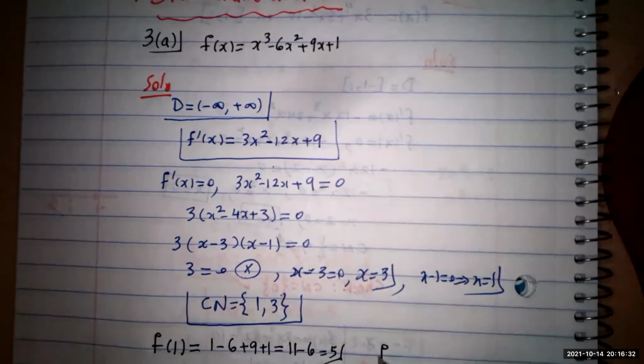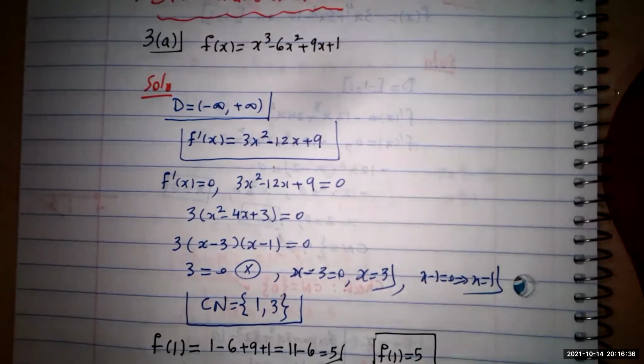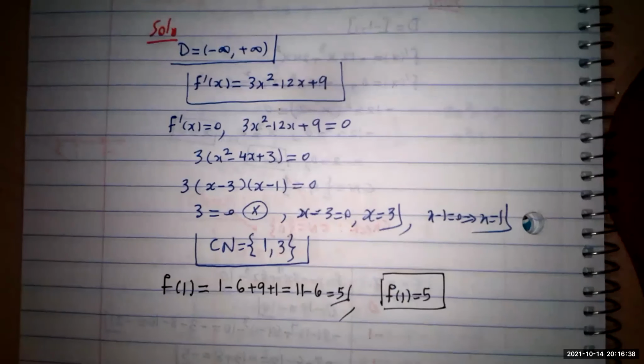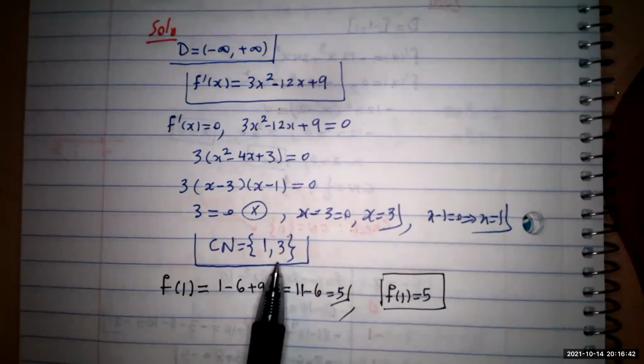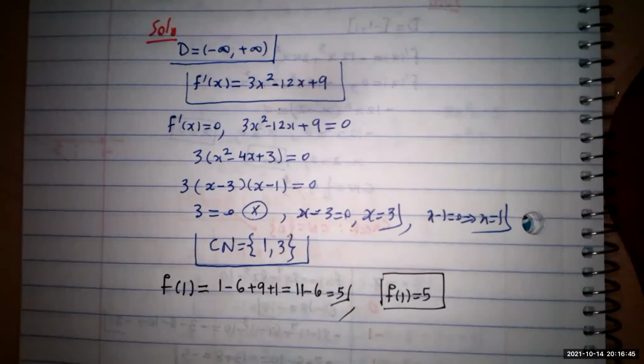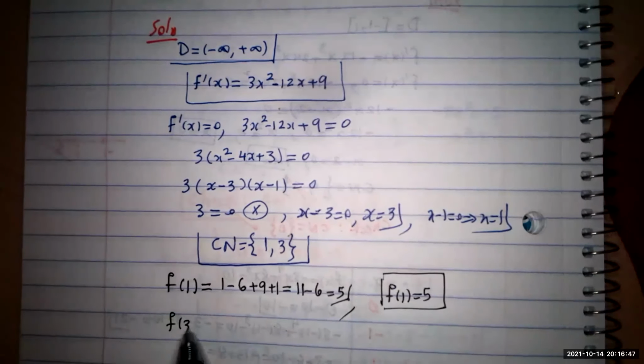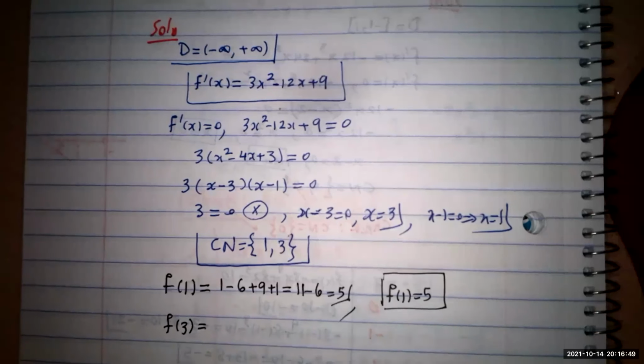You highlight it because this is one of your candidates for the maximum or a minimum. f of 1 equal to 5. Then you try again for x equal to 3, so we find f of 3. Go to the function again and substitute.